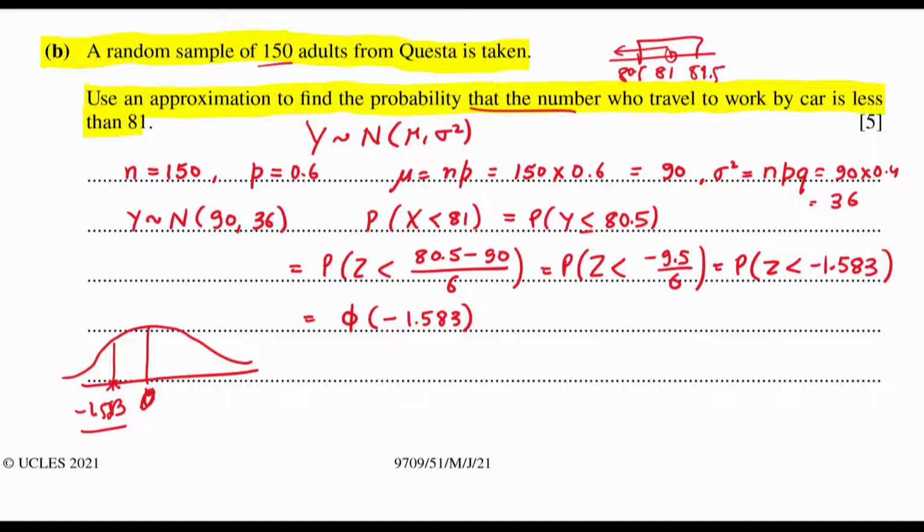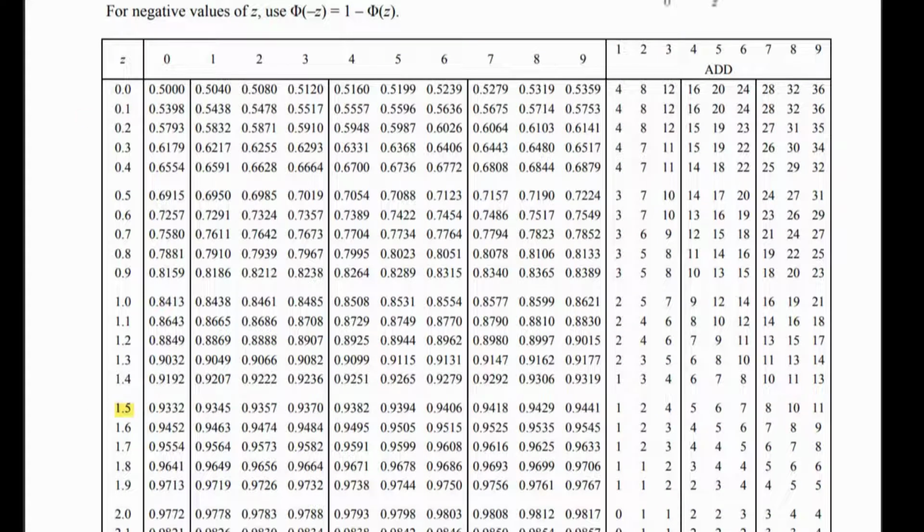We can't find this area directly from the table, so it is 1 minus phi of 1.583. Matching the row 1.5 and the column 8 gives 1.58, and plus 3 in the last column, so we include that also.